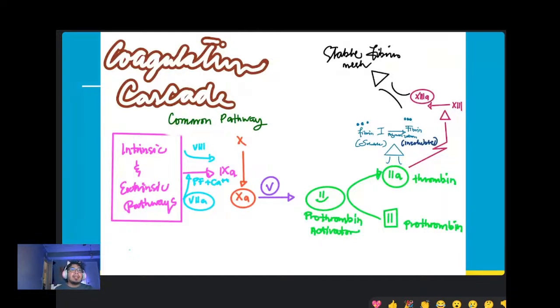But it is but the side of it, kaya nga may smiley face yan, kasi yung tenga niyan, okay, once it's activated, it will change information, magkakaroon yan ng tenga that will serve as a receptor site for prothrombin. That's the one that you see at the bottom, to be converted to activated prothrombin or factor 2, also known as thrombin.